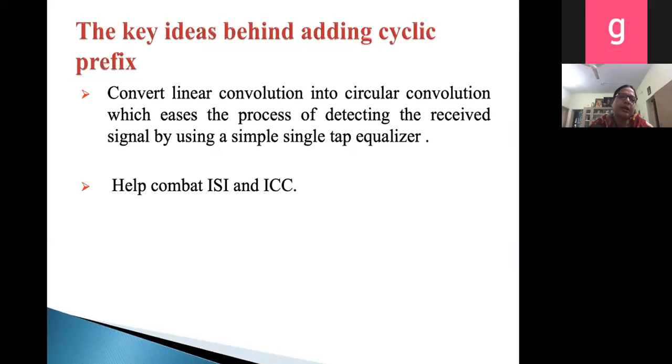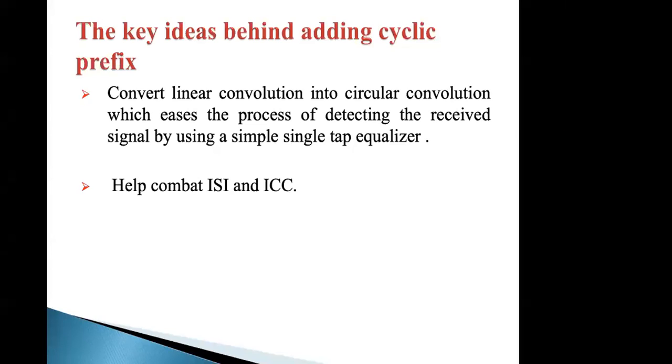Similarly, if you convolve a long signal with a short signal, the duration of the convolution will be the sum of the two lengths plus one extra bit. Suppose x and y have lengths m and n, then m plus n plus 1 data bits will be seen at the output of the convolution. Whereas in circular convolution, we move in a modular form, so we come back to the original shape. That is the circular convolution we do in OFDM. So this helps in combating ISI and ICI.